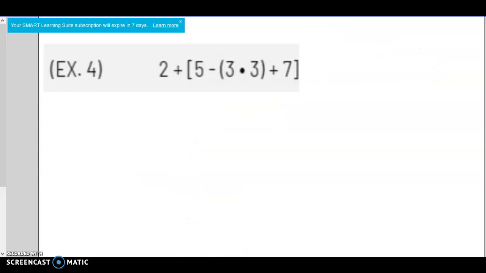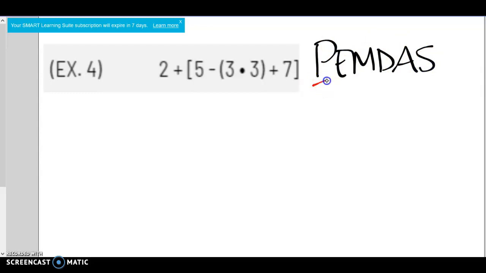Example number 4. We start with PEMDAS to simplify. And first look for parentheses, and there are 2 sets of parentheses, which means I'm going to be writing PEMDAS again.